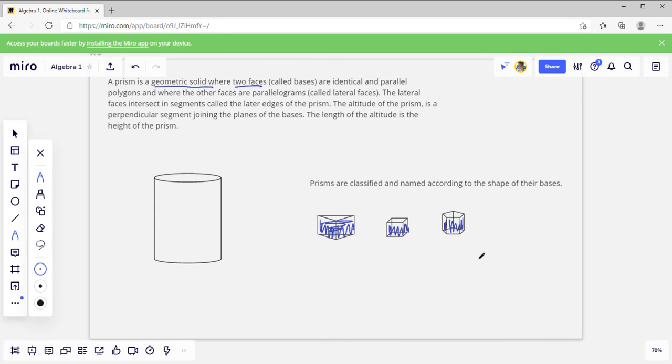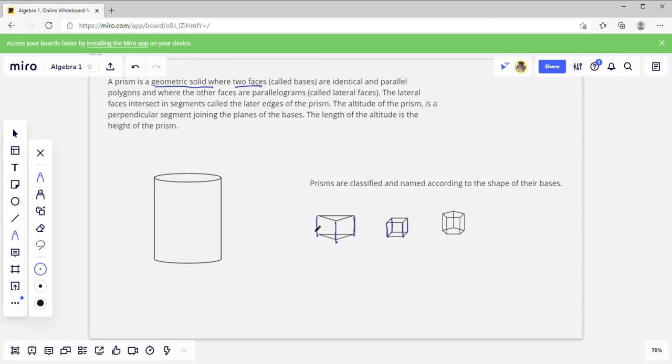All the ones going up and down are your lateral faces. The lateral faces intersect in segments called lateral edges. So where these touch, that's a lateral edge, that's a lateral edge, that's a lateral edge. So those are going to be your corners up and down, okay, your lateral edges.